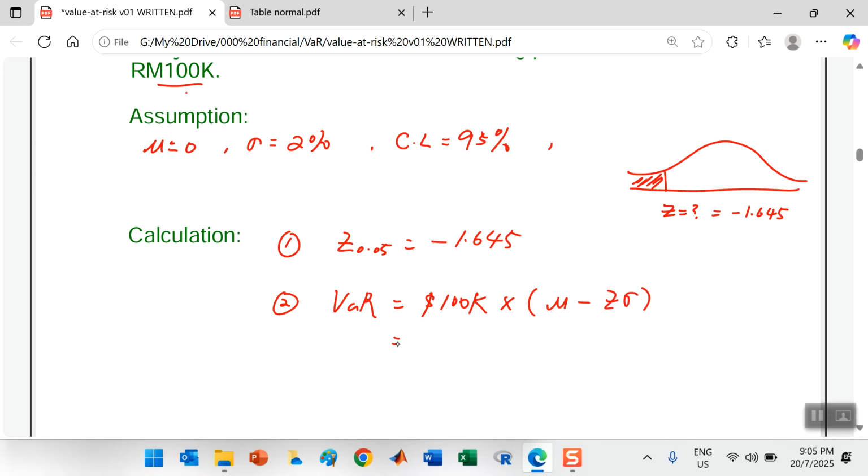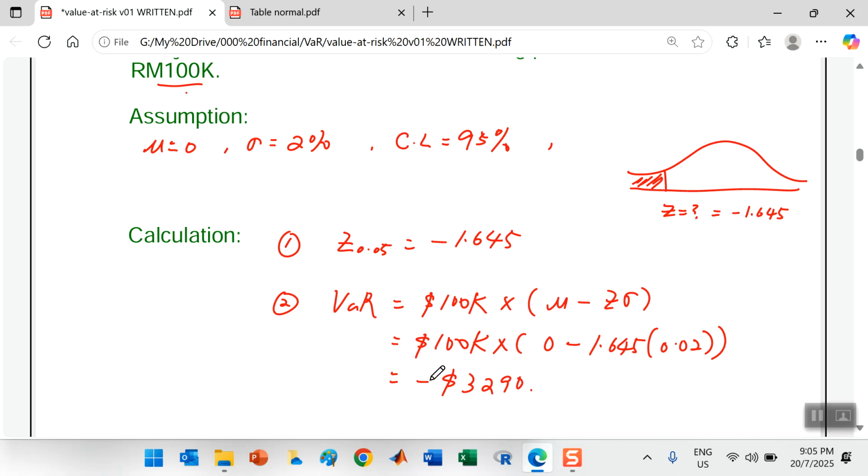So this is 100K, mu is 0, Z is 1.645, sigma is 0.02. In the end, you will get around minus $3,290. The negative means a loss.